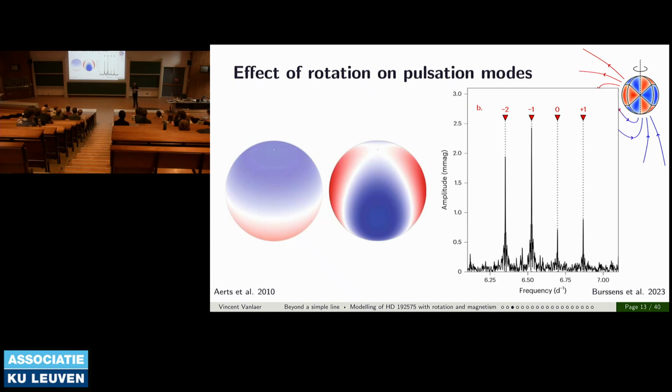You have one component which is symmetric towards this axis. That's what's shown here on the left. The colors here indicate the phase, and you can think of them as constantly switching in time. That's the pulsation, the one on the left.